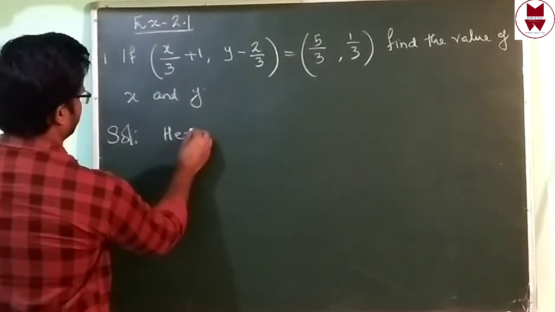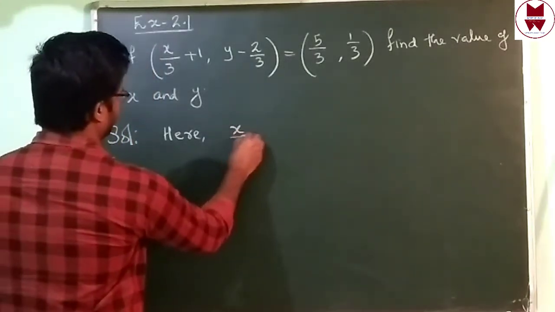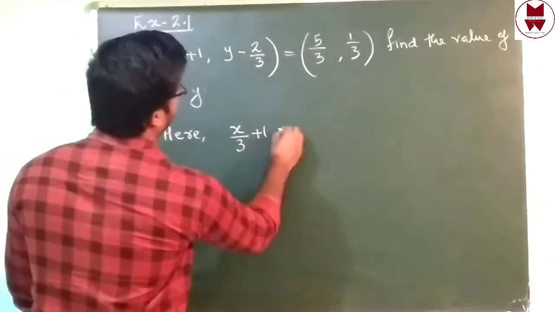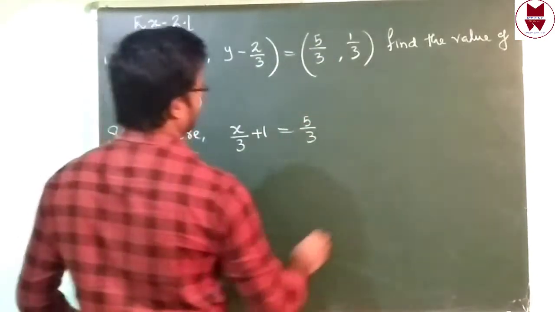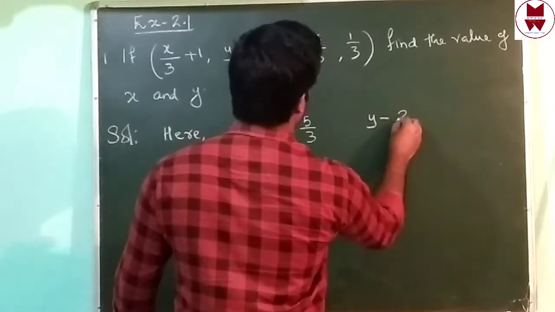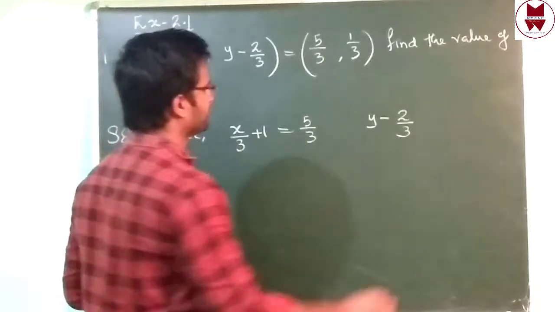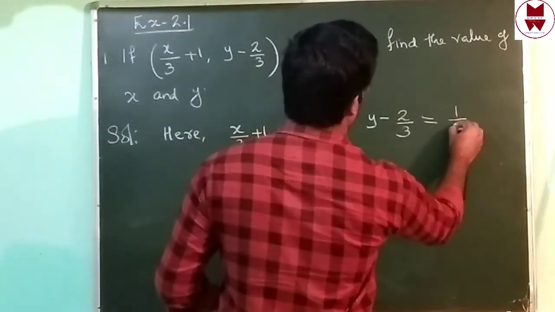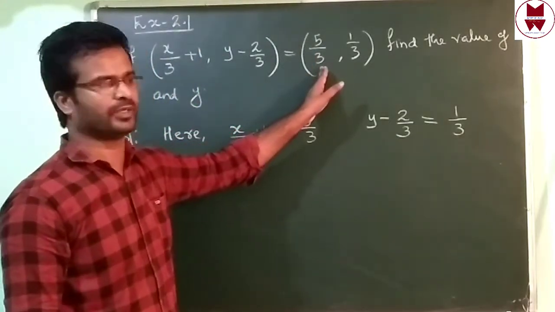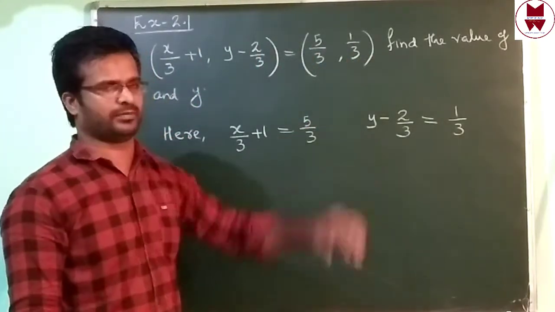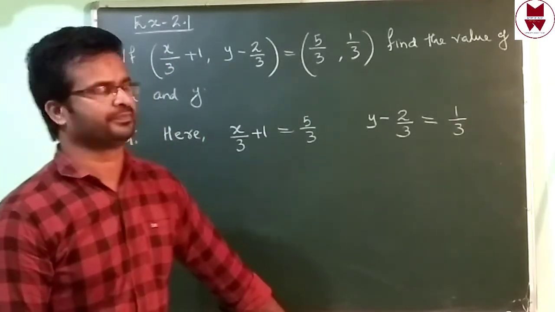Here these 2 ordered pairs are equal, so we can write x/3 + 1 equals 5/3, the first element. Then y - 2/3, the second element of the left side, equals 1/3. First element and first element are equal, then second element and second element are equal. The reason is that these 2 pairs are ordered pairs.